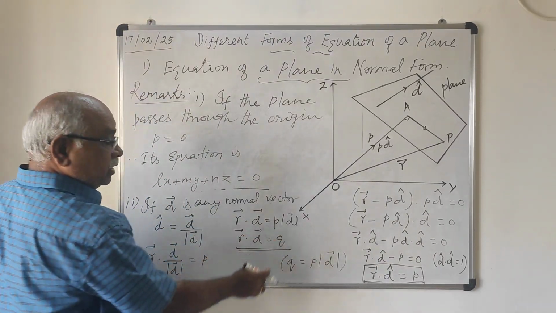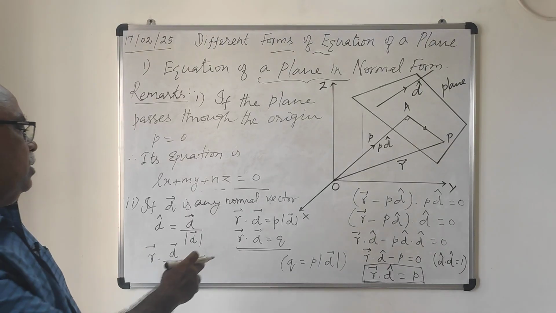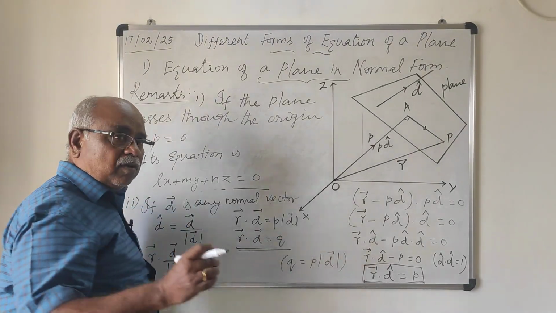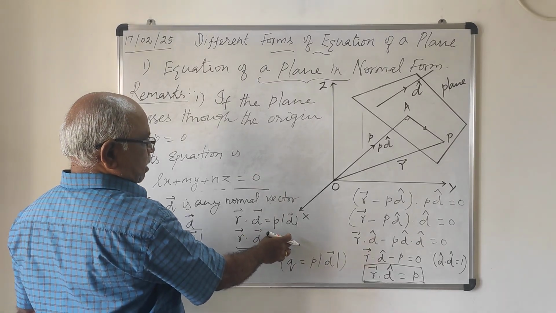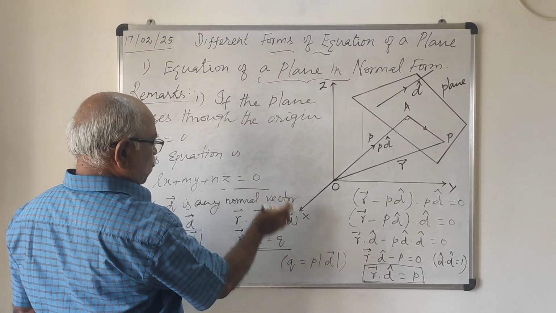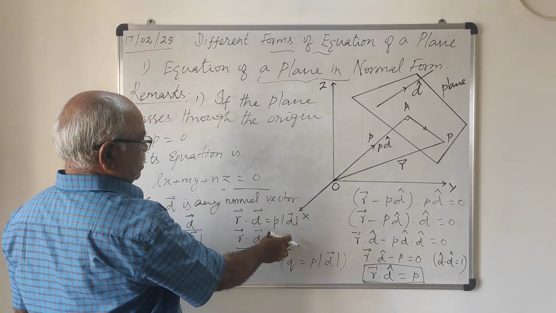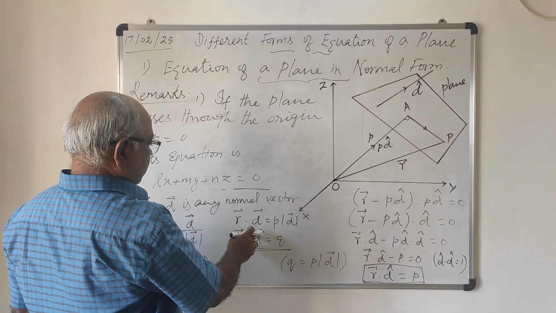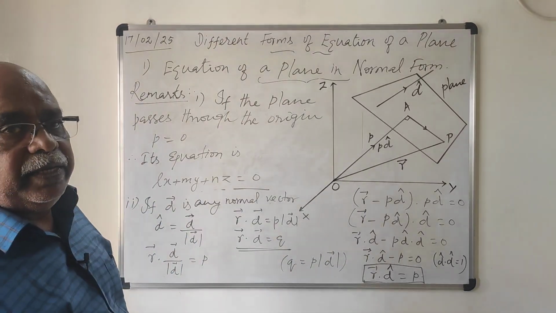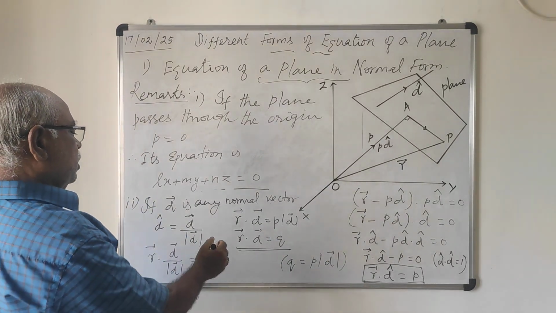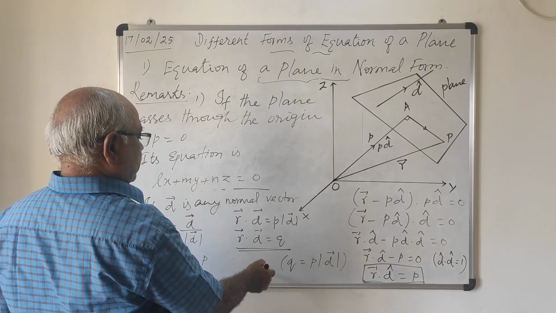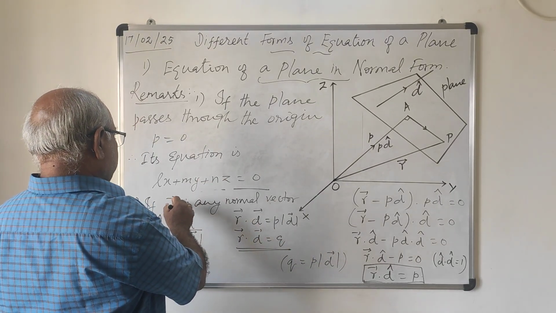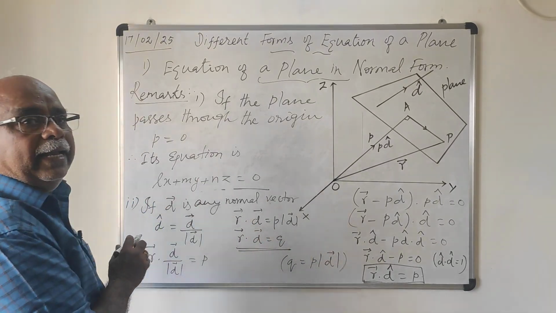Here q does not represent the distance of the plane from the origin. Q is any scalar, not a distance, and d is not a unit vector, it is a normal vector. Therefore, r dot d vector equal to q is the normal form of the equation if the vector d is given. Okay, that's all.